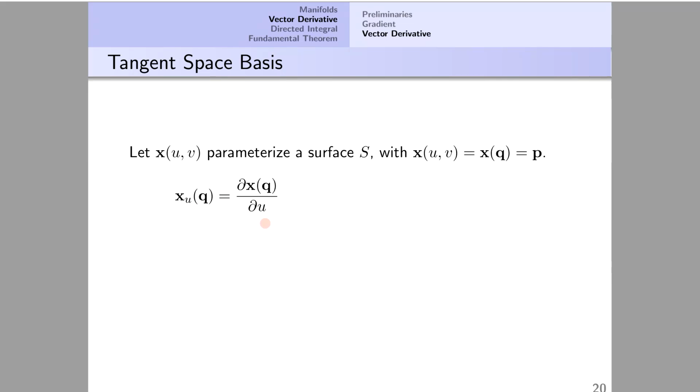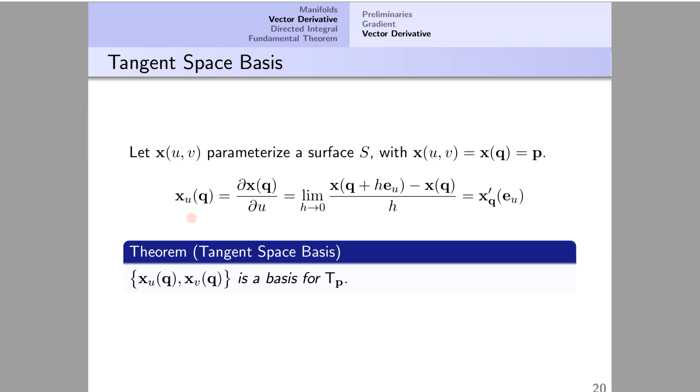By definition, that partial derivative is this. And earlier, we had another notation for this, which was given by this, where this is a tangent vector to the surface at P. Well, never mind all that. The important point is that since this is a tangent vector, this is a tangent vector. And the theorem is that this pair is a basis for the tangent space.